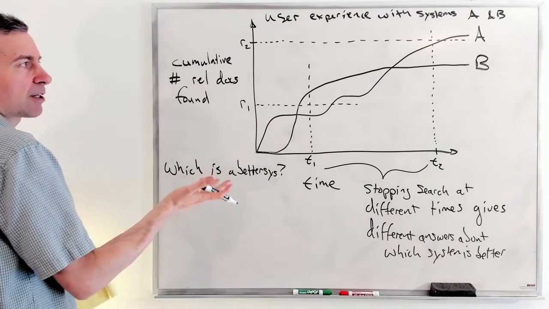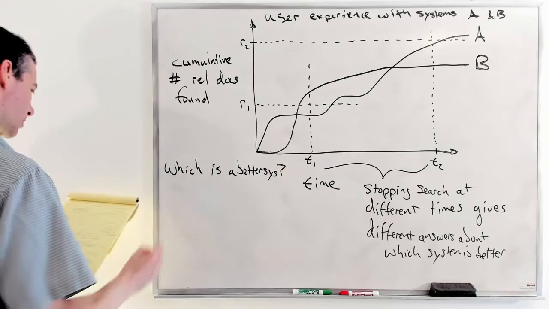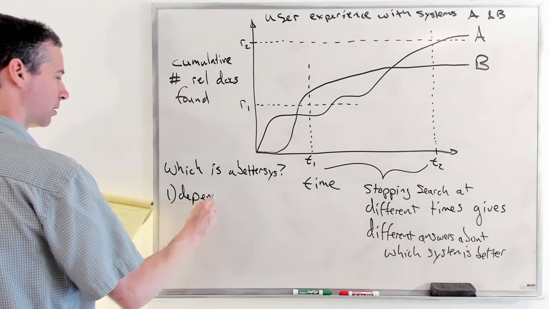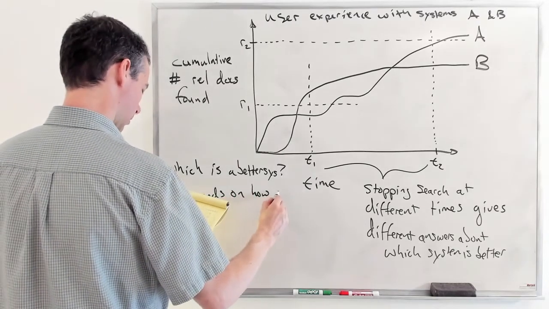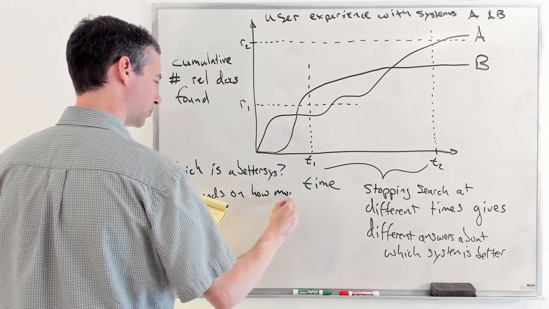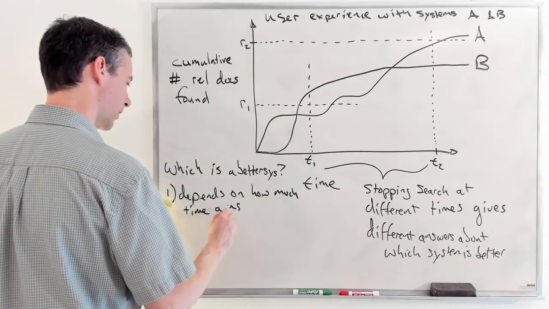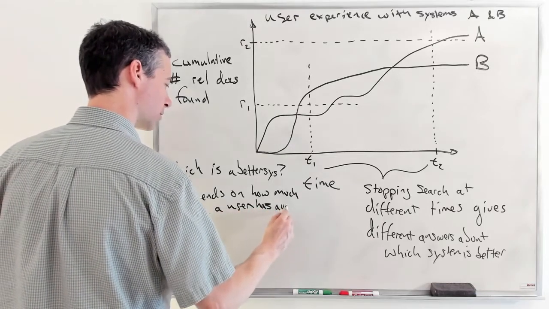If these were the actual curves of A and B over time that people use the systems, it's certainly going to depend on how long or how much time a user has available for their search.